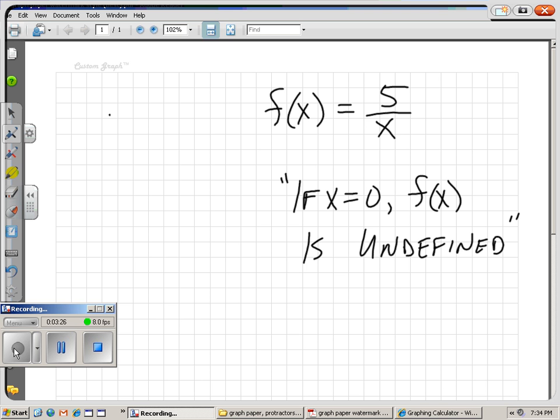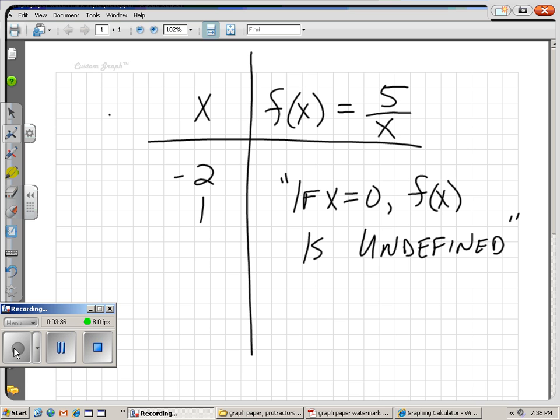So that's what I'm thinking in my head. And here's what it looks like on the table. All right, here's x, here's f of x. I'm going to do negative 2, negative 1, 0, 1, and 2. I'm going to run those through the function. Negative 2 would give me negative 5 over 2. Negative 1 would give me negative 5 over 1, or just negative 5.